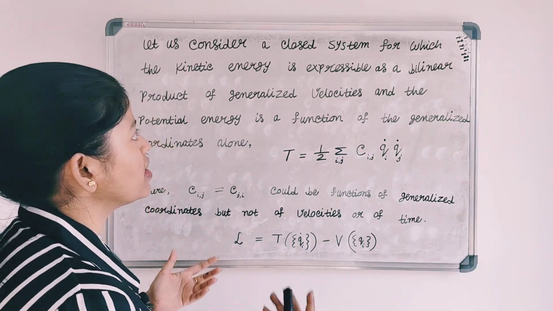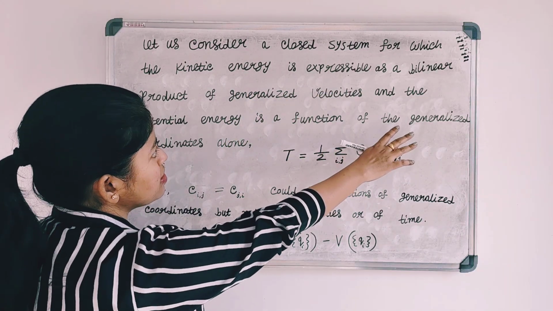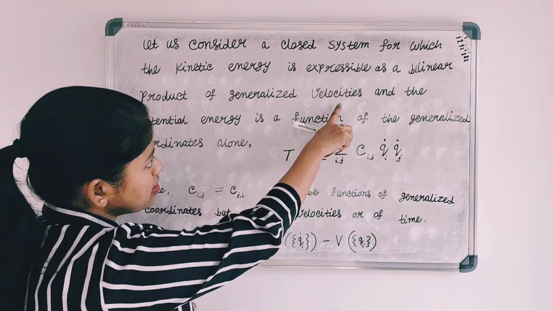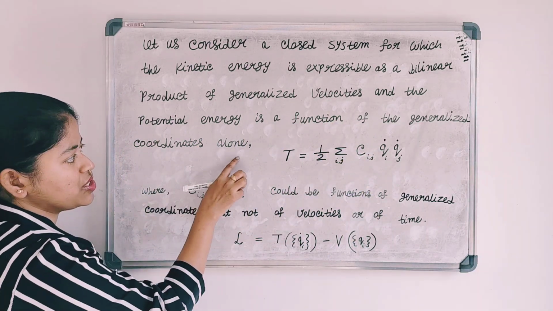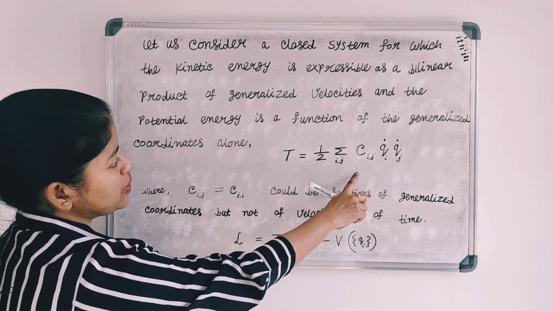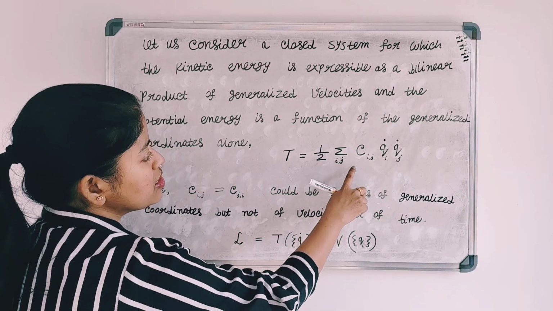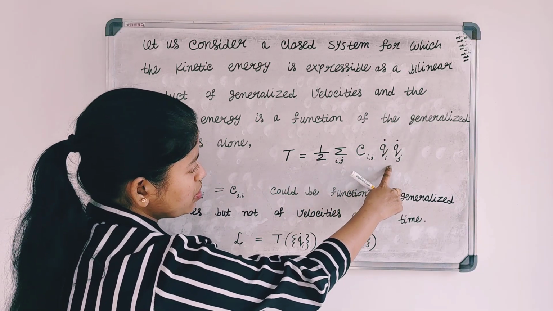Let us consider a closed system for which the kinetic energy is expressible as a bilinear product of generalized velocities and the potential energy is a function of the generalized coordinates alone. So the kinetic energy T is a bilinear product of generalized velocities. That means T equals half summation over i, j of Cij qi dot qj dot.